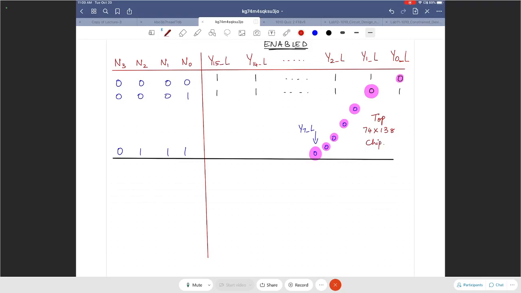You see what happens? For the top 74X138 chip, my N3 is 0. And as long as my N3 is 0, the three other inputs, N2, N1, and N0, are literally going to give me which particular output is going to be active, right? 0, 1, or all the way down to 7. In the same way, what are my remaining 8 input combinations? They are simply going to be 1, and then the sequence is going to repeat, right?